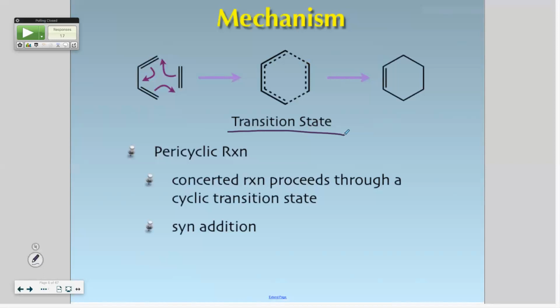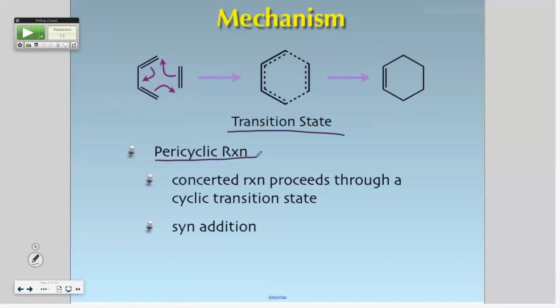So that's how come it's all the way around, the little partial bonds. There aren't any changes in pluses and minuses. All right, this is called a pericyclic reaction. It is a reaction that proceeds through a cyclic transition state.